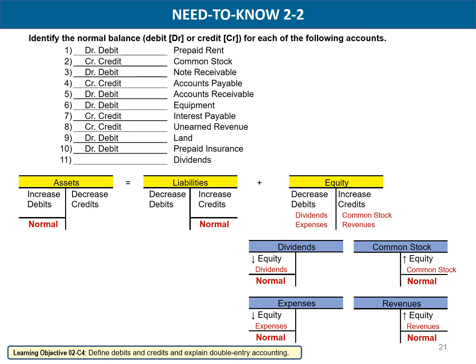So there's an inverse relationship between dividends and equity. The higher your dividends, the lower your equity. So it works the opposite way that common stock and revenue work. So in order to increase dividends, we debit. So therefore, it's said to have a normal balance of a debit, right?